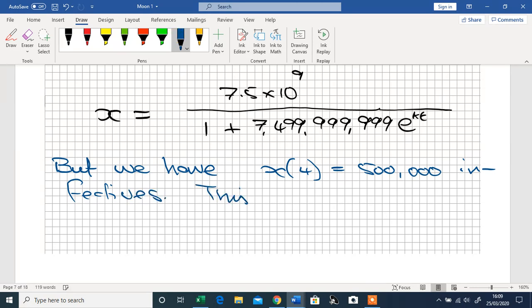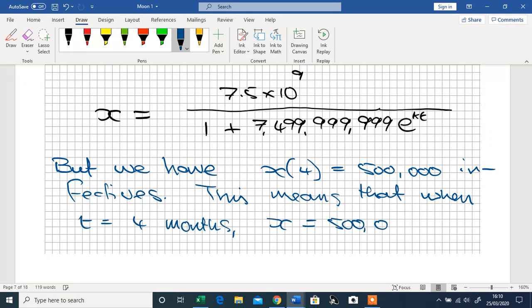This means that when t equals 4 months, x is equal to 500,000 infectives, or people who are infected with the virus.